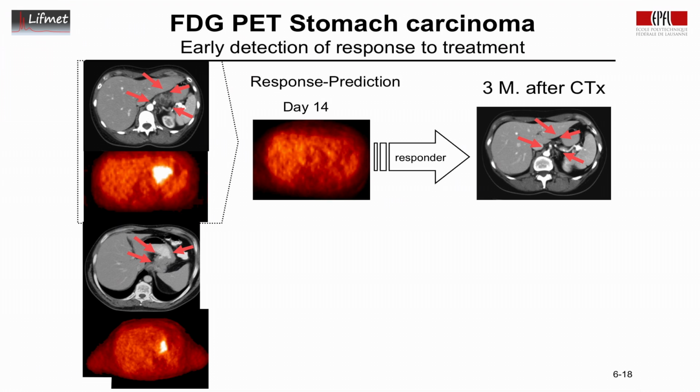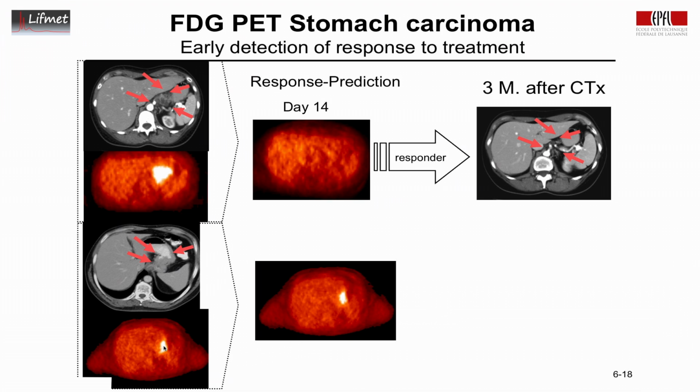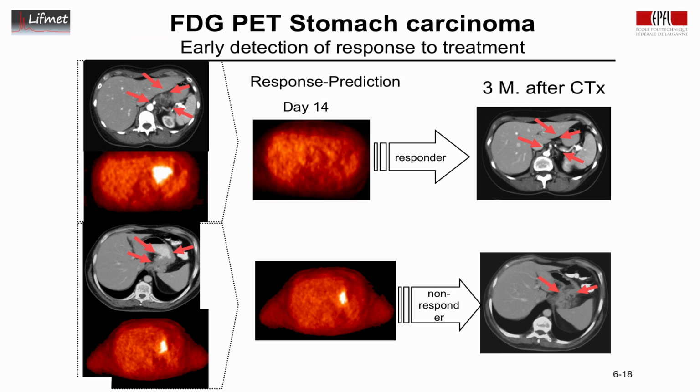Conversely, here we have another subject, again with a stomach carcinoma, high uptake of deoxyglucose, and 14 days after the therapy started, the uptake is still there. The prediction was that the subject is a non-responder, and indeed the carcinoma has stayed in place and not responded to the therapy.